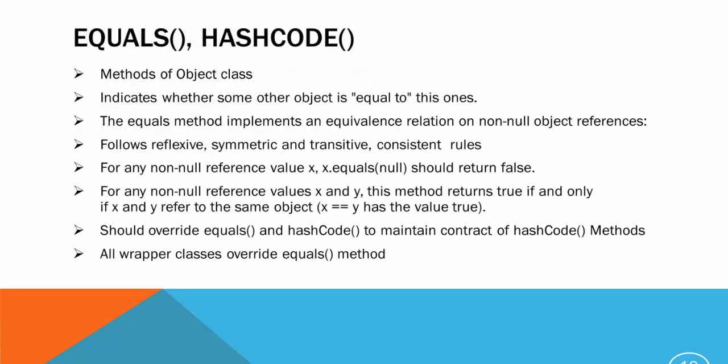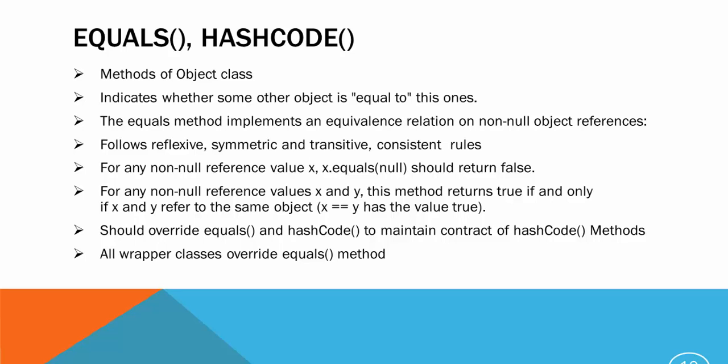Okay, so equals and hashCode, why are they required in a collection? Equals is required when you are trying to group elements into a collection. Suppose you are storing the first element in the collection, okay, you are storing the second element.